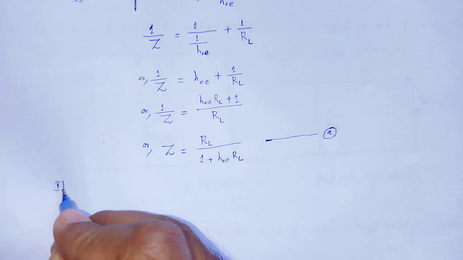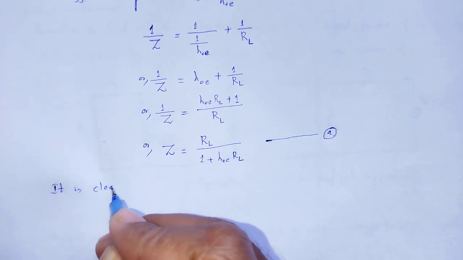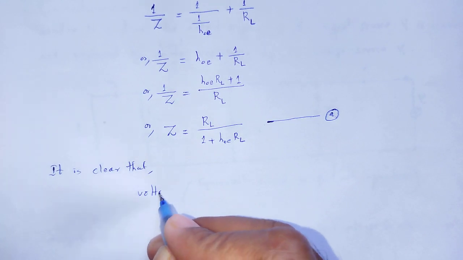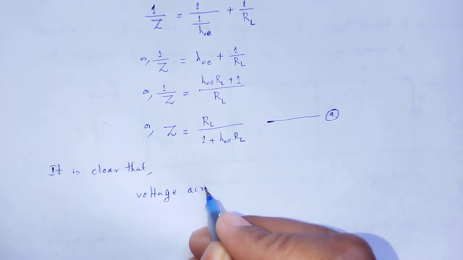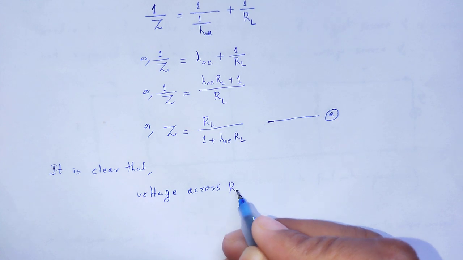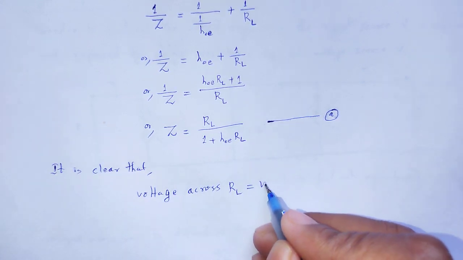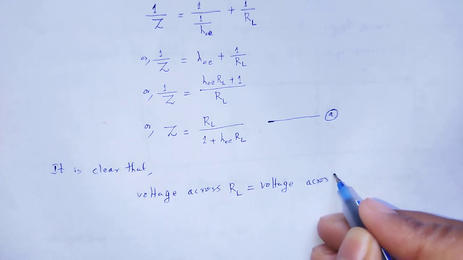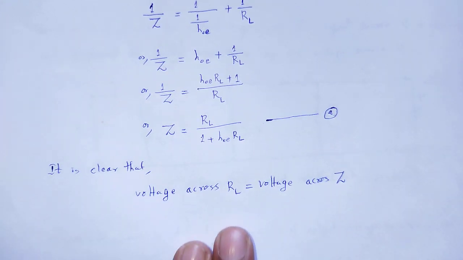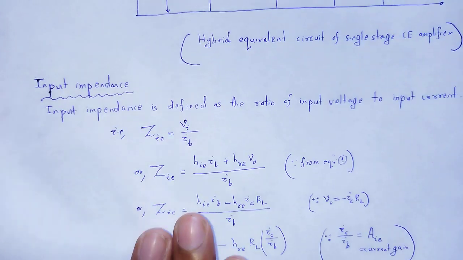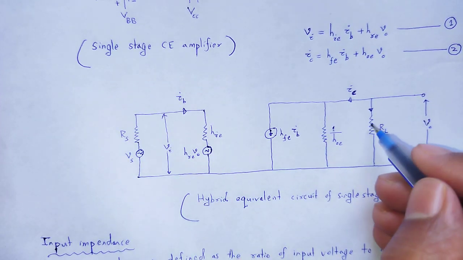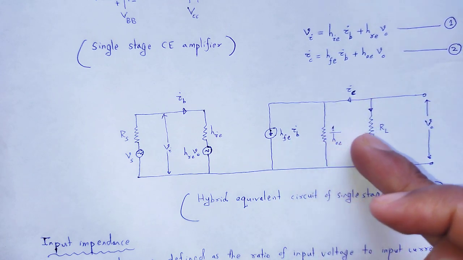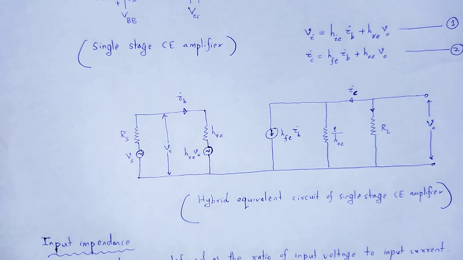It is clear that the voltage across RL is equal to the voltage across Z. Look at that figure. The voltage across RL is the same as the voltage across the effective impedance.